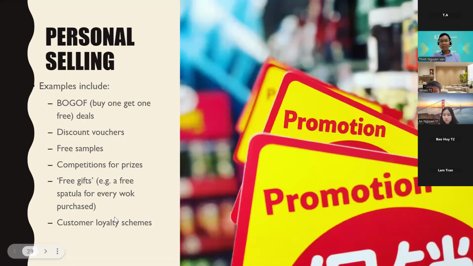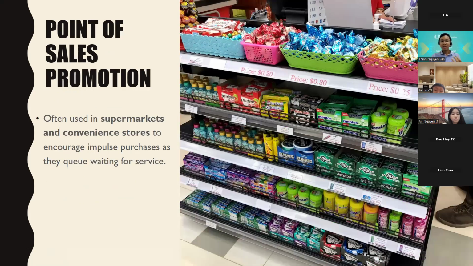So personal selling, yes, you can read some examples of this later. Sales promotions. So you can hire a place in a crowded area, set up your store or maybe a stand, and then it can catch the attention of people when they walk by.